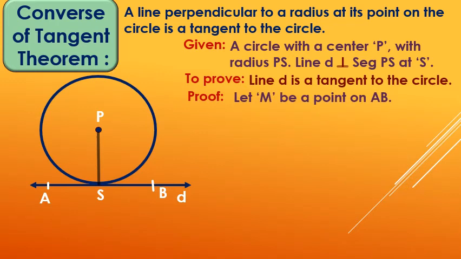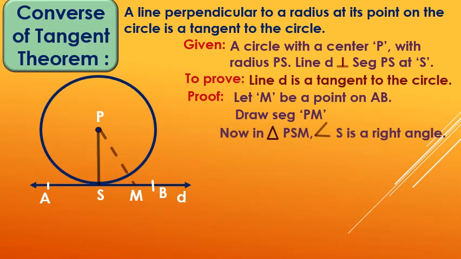Proof. Again, let M be a point on AB and we will draw segment PM. Okay. Again, here we got this triangle PSM. Now here in triangle PSM, angle S is a right angle.